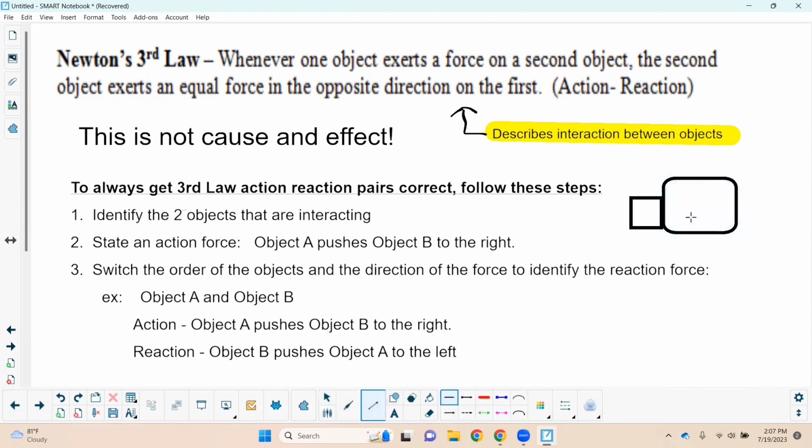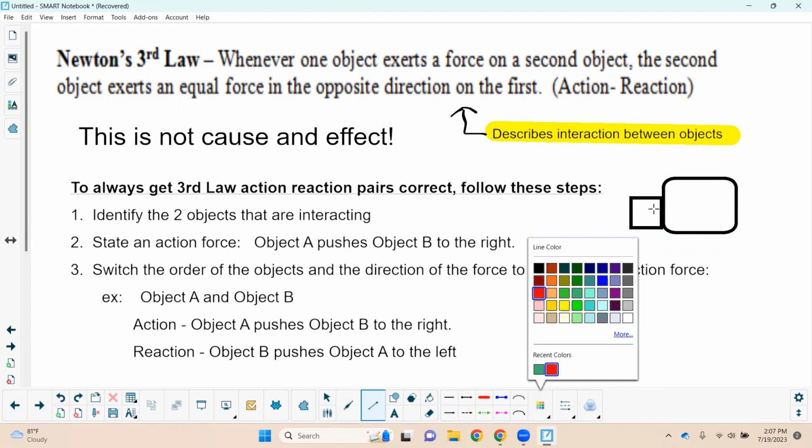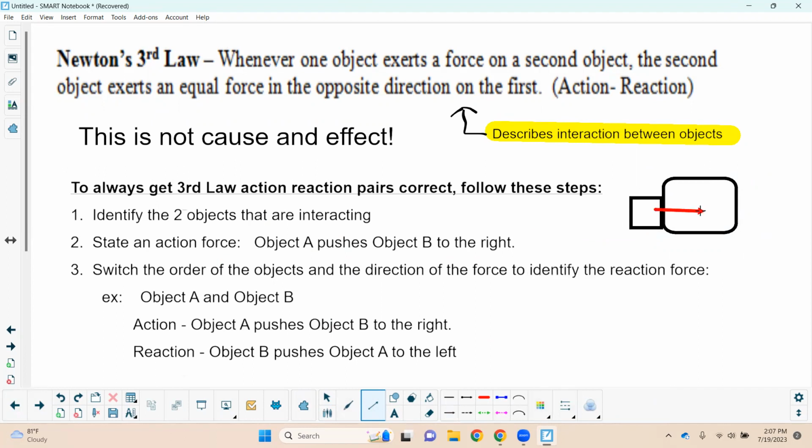So let's say this box is pushing to the right. And we'll give it a color. So we have a force, we'll call that object 1 on object 2. So object 1 is pushing on object 2.